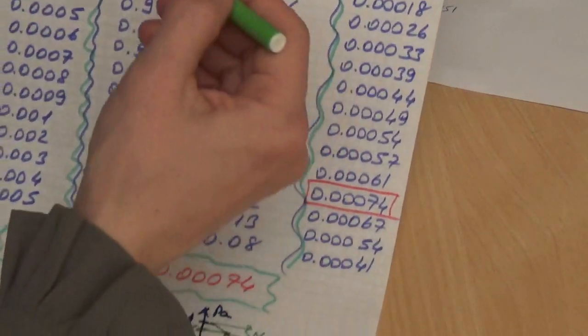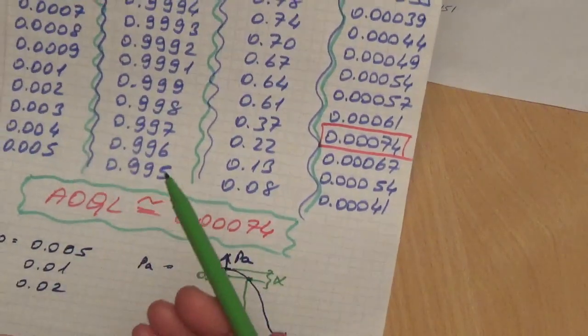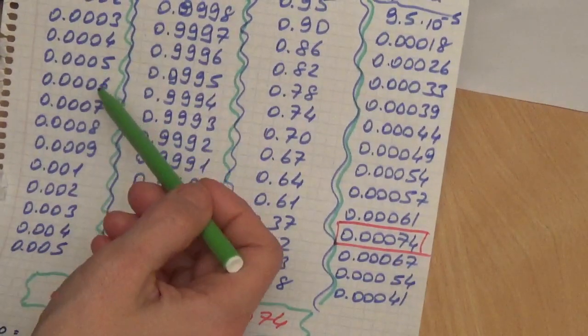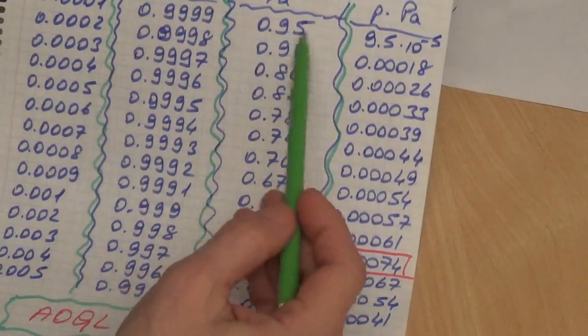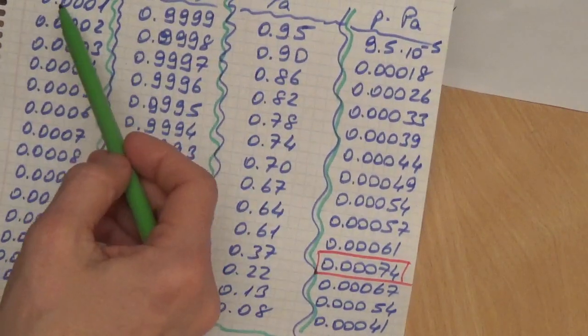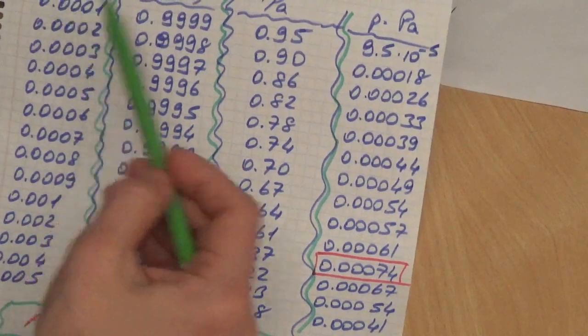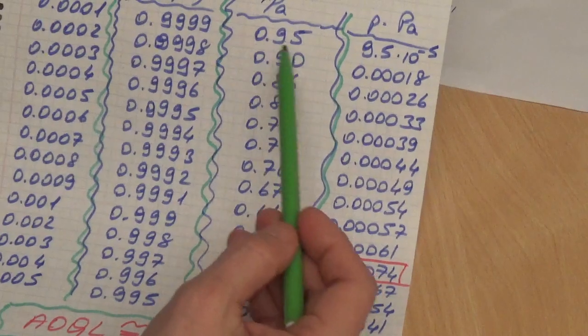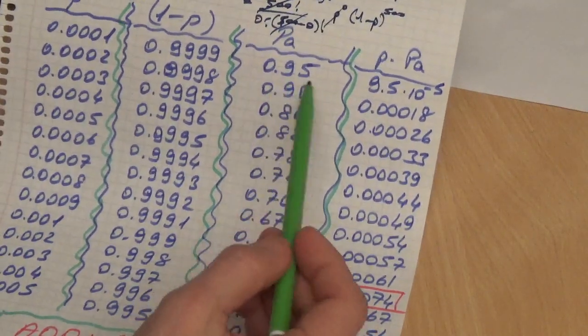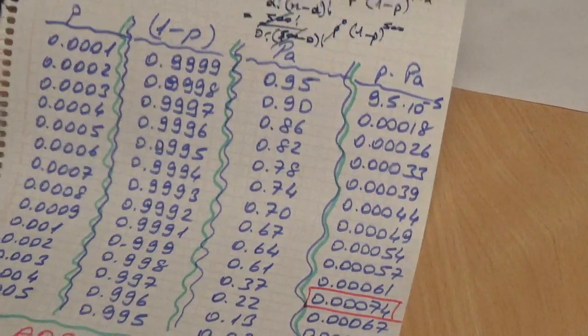You don't have to take this many numbers. You could take, for example, 5 or 6 values, but this part is important. You should take a P value that would give at least 0.95 acceptance probability.